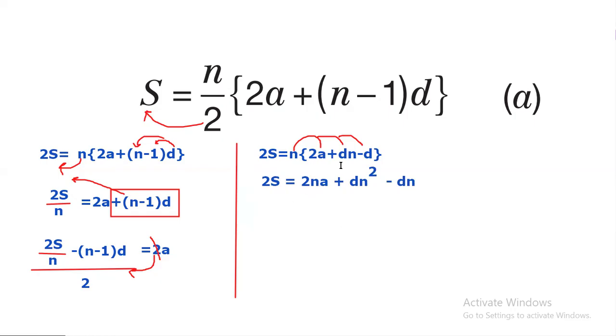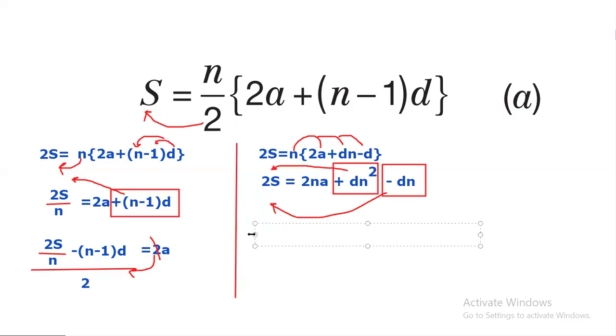Now I need the a alone. Same idea, same steps. I'm going to take everything here to the other side and change the sign. So I'm going to take this to the other side and this to the other side, and I will change the signs of these elements. So basically this will come here. Same idea with this one, it will come here, and they will be having different signs.